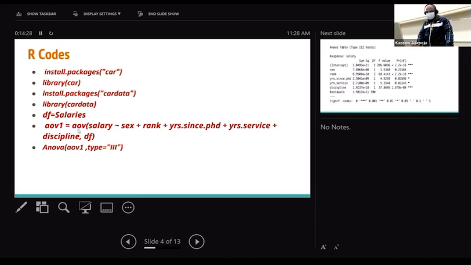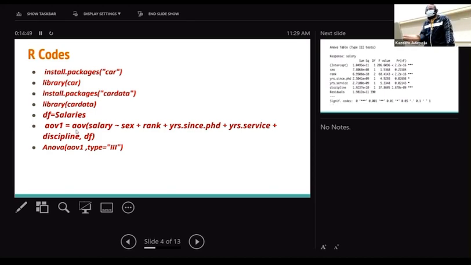And you can see I put AOV. I'm not dealing with linear regression right now. I'm actually dealing with the analysis of variance, where I have the sex, the rank, the GSNs, which means I'm also considering the effect of some concomitant variable.